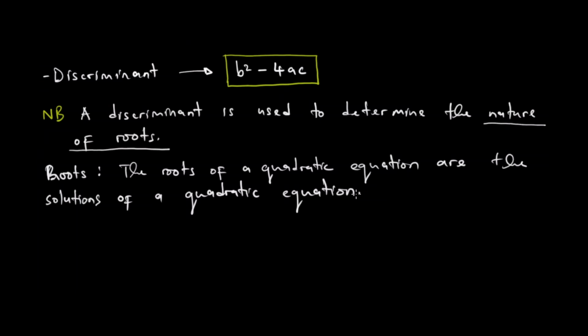Saka taona kuti under the square root sign inside a quadratic formula tina b squared minus 4ac, which is called the discriminant kana kungoti capitalized d. Ndokutsanangura kuti a discriminant is used to determine the nature of roots. Iyo maroots acho chimbori chi maanswers atinowana kana tikasolve a quadratic equation.